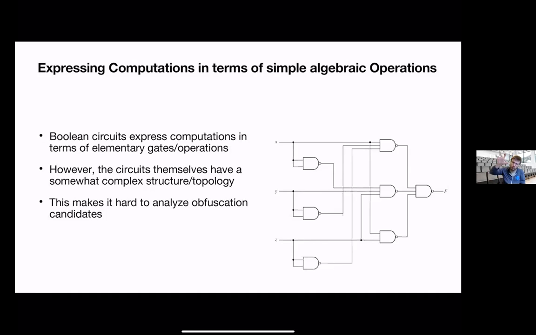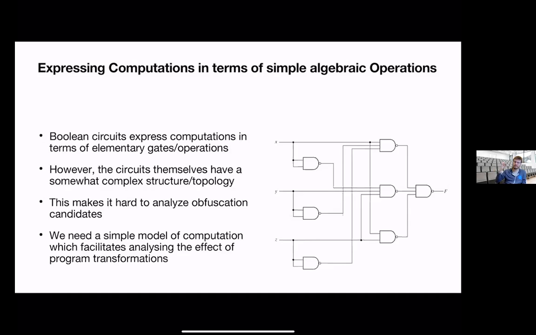And if we wanted to start just obfuscating circuits, give me a circuit and do some transformation on this circuit directly, people have tried this, but it turns out this makes these constructions really hard to analyze. So even though Boolean circuits are a simple model of computation, compared to Turing machines or random access machines, they still carry a lot of structure, which makes it hard to analyze obfuscation candidates in this model of computation.